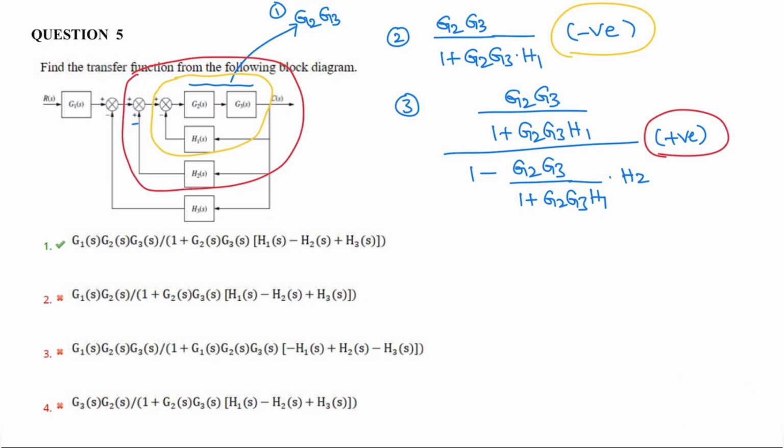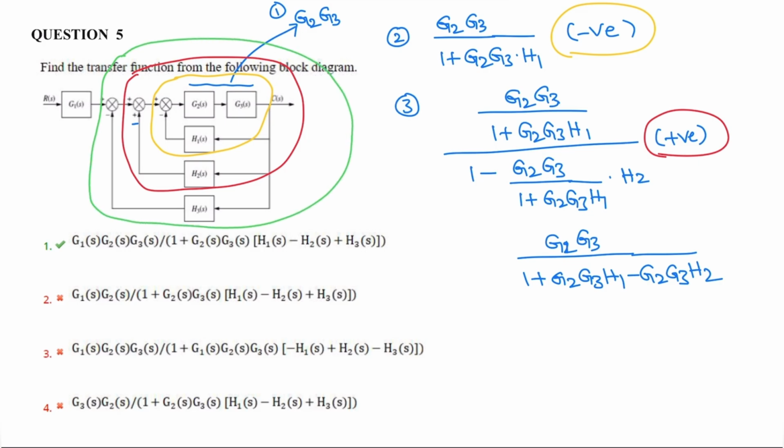From this calculation, the resultant value is G2 G3 by 1 plus G2 G3 H1 minus G2 G3 H2. Next, evaluate the block circled with green color. Step 4 is a negative feedback system.